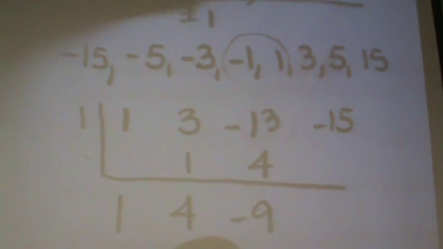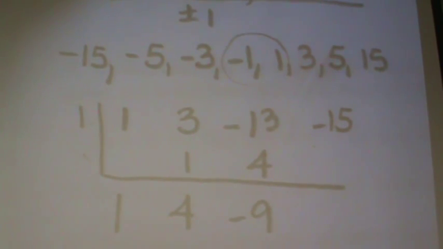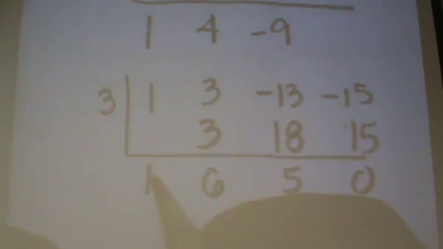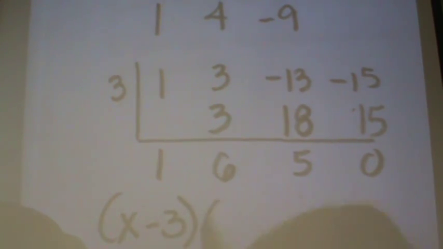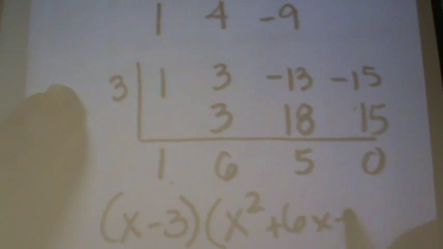Try 3. Bring down the 1. 3 times 1 is 3, add. 6 times 3 is 18, add, and we get 15. We found our first 0. So x minus 3 is one product, and then right here is x squared plus 6x plus 5.